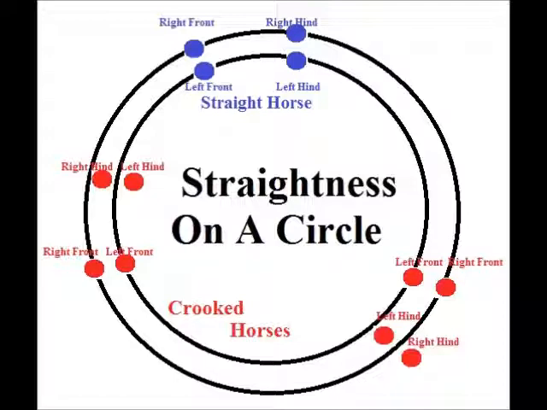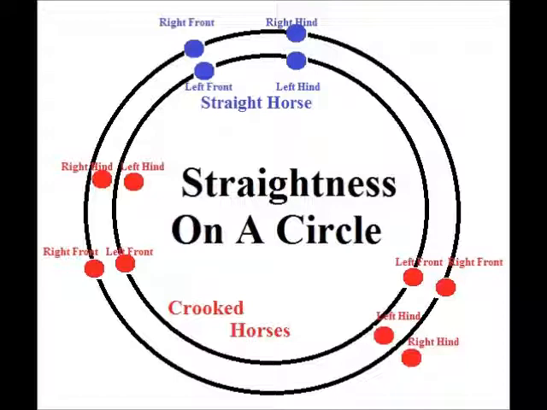There are two horses represented with red dots, showing that their hind end is not quite tracking up under the front, whereas the blue dots on top demonstrate a straight horse, where the left hind is stepping on the same line as the left front, and the right hind on the same line as the right front. So even on a circle, the horse is moving on two tracks.